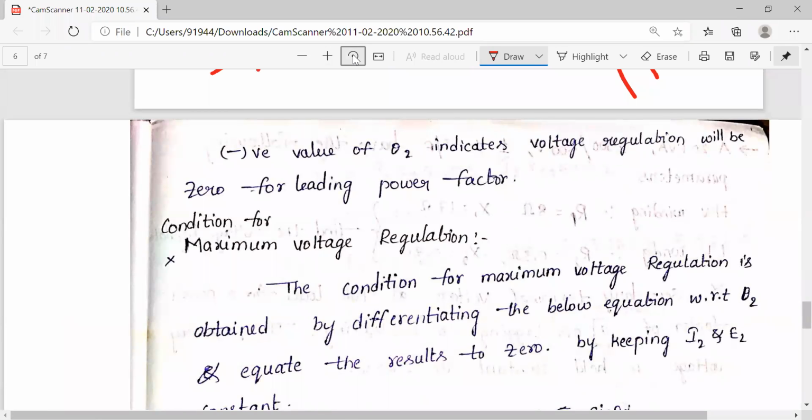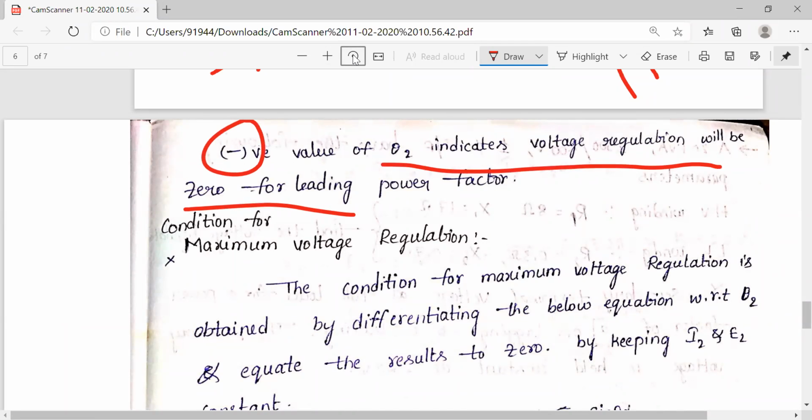The negative sign of theta 2 indicates that voltage regulation will be 0 for leading power factor. At the leading power factor, zero voltage regulation occurs in a transformer.